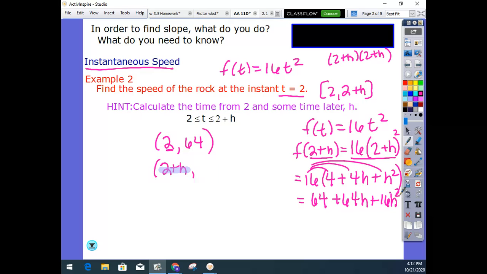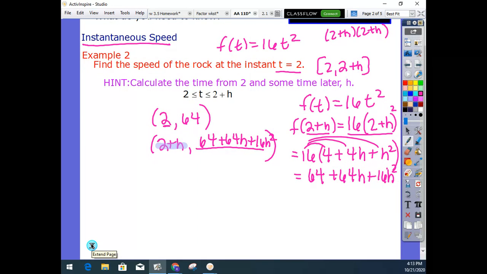All right, so this whole great big y value is that. All right, so hopefully you kind of see where I'm going when I get done.